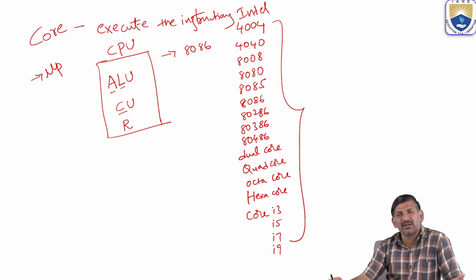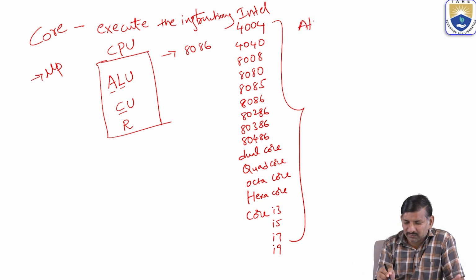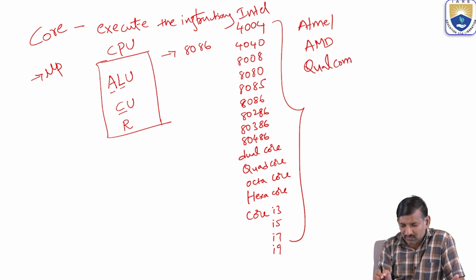At the same time, different vendors coming to the market, they are designing various types of processing elements. Some of the manufacturers are Atmel, AMD, Qualcomm, Texas Instruments, NXP Semiconductor, Philips.